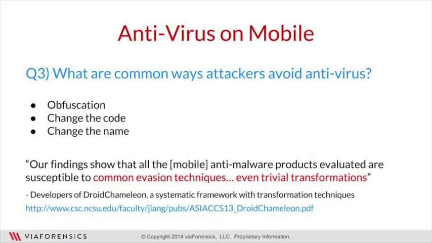You had for a while in both iOS and Android dynamic code loading, where an app would load a certain set of code, but it had the ability to reach out to a server and download additional code after the fact. So any scanning done at install time or even in the App Store would not catch all the capabilities of the app. So those are two ways that we observed over time.